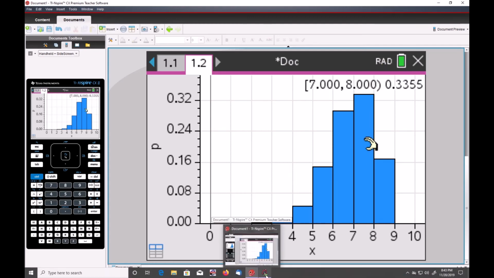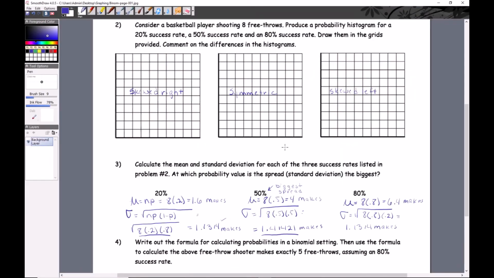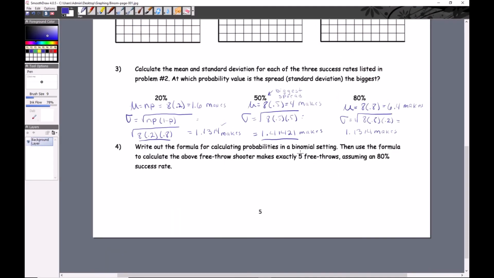All right, so let's go back and see if we need to fill in everything. I think we've got pretty much everything we need here. So we're going to write out the formula for calculating the probabilities using that one formula that we had for the PDF. We're going to have the same situation, a free throw shooter shooting 8, making exactly 5, assuming an 80% success rate.